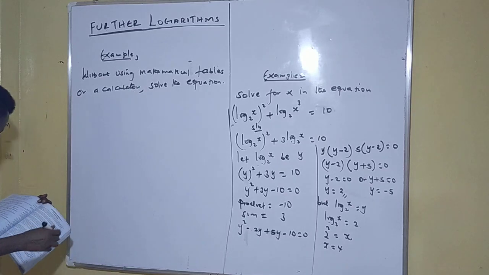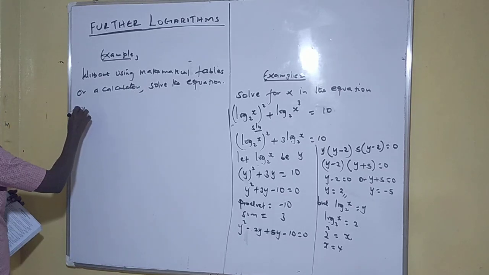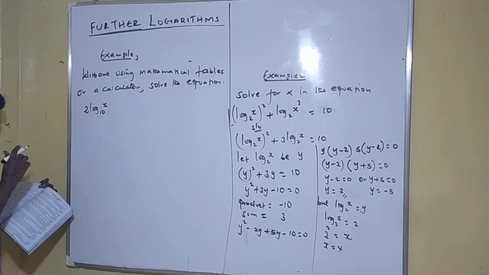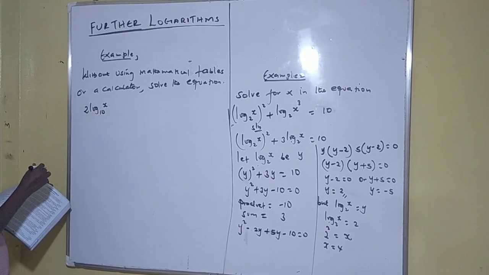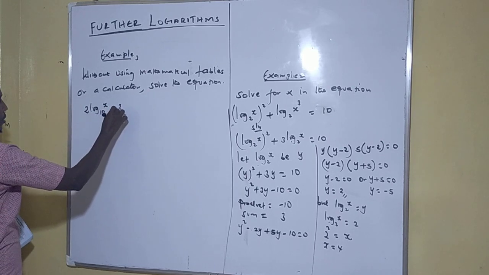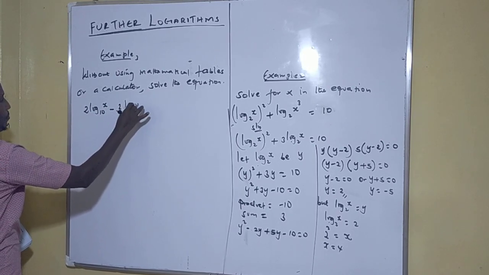Let's get the equation now. This is 2 log base 10 of x minus 3 log base 10 of 2.